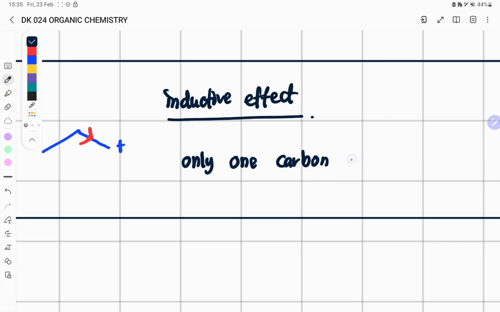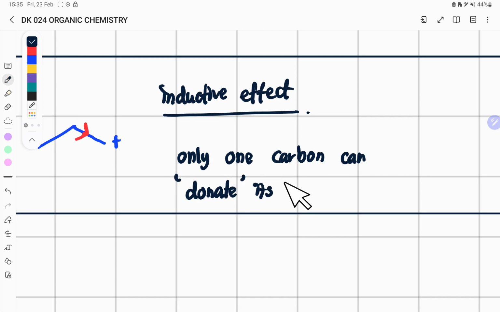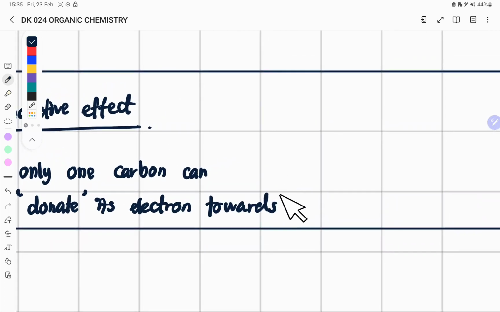So only one carbon can donate, okay, so saya guna donate dengan air quotes, donate its electron towards the positive carbon.